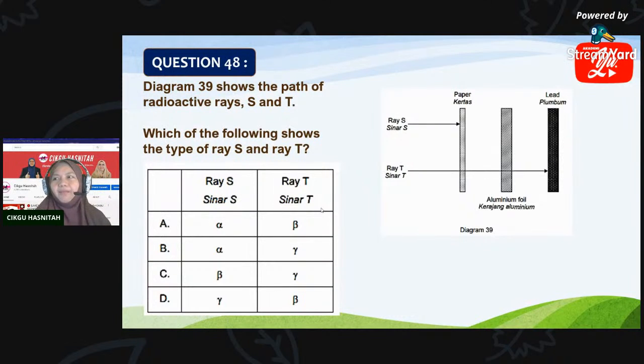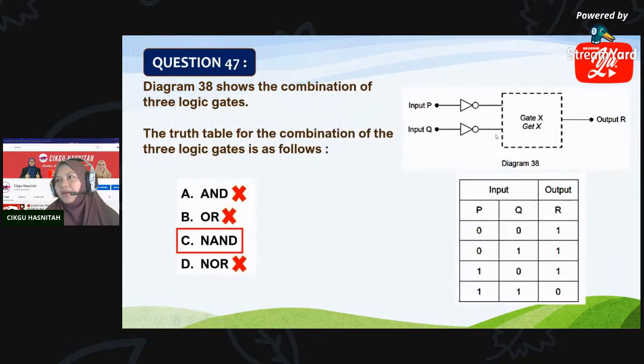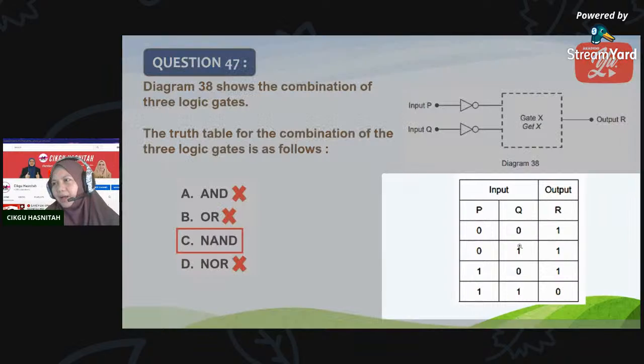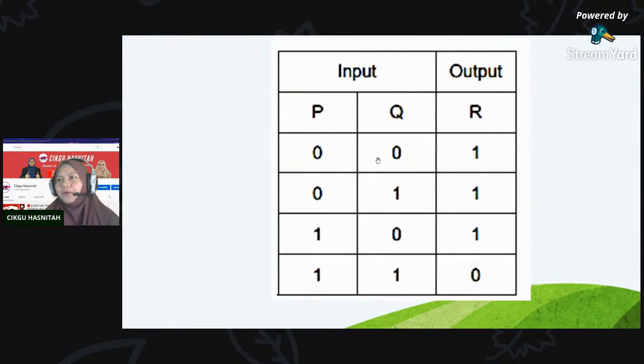You are given diagram 39. 48 is on radioactivity. Why cannot OR gate? We go back to the question, Vinci. You look at the truth table. If you put OR gate, this is the reading that you are given. 0 OR 0 supposed to be 0, but here is 1.